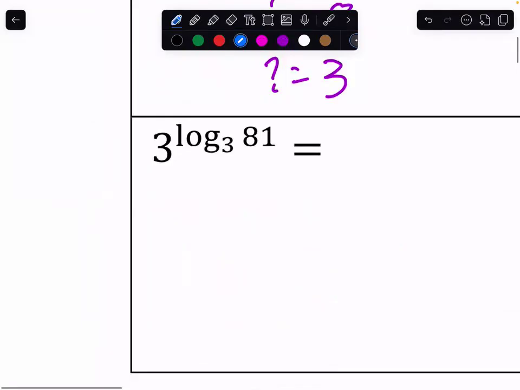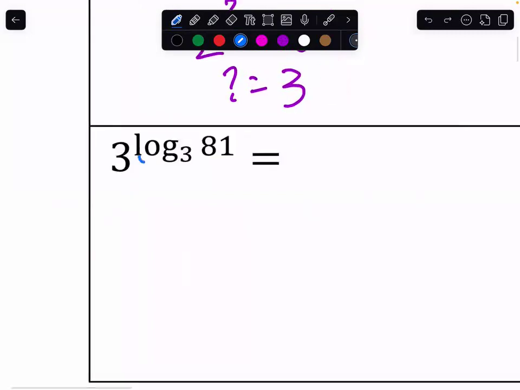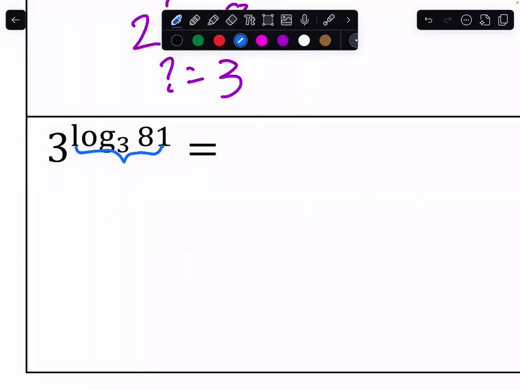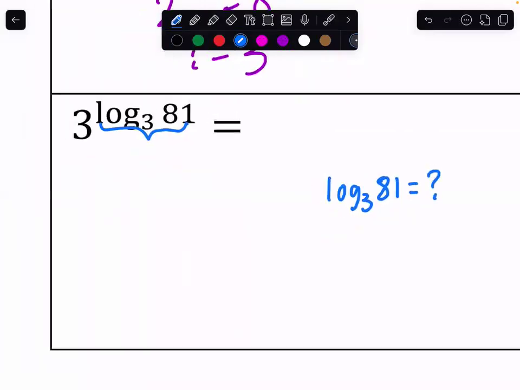We'll use that shortly, but let's look at the next row. We have 3 to the power of, and then the exponent is log base 3 of 81. Off to the side, let's simplify just the exponent part. Log base 3 of 81. The base is 3, it's trying to turn into 81, and we need to figure out the exponent that does it.